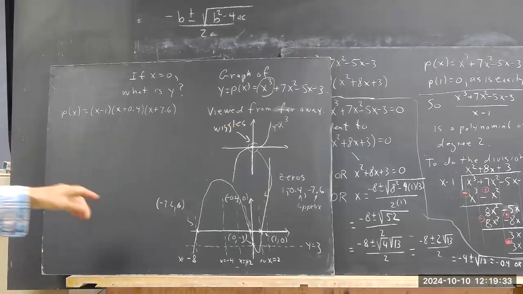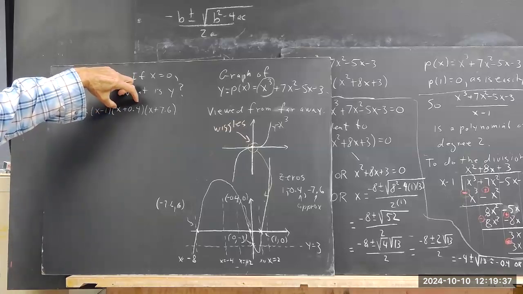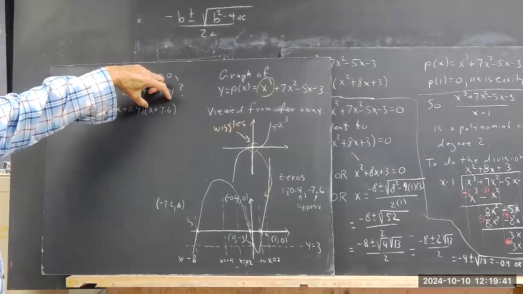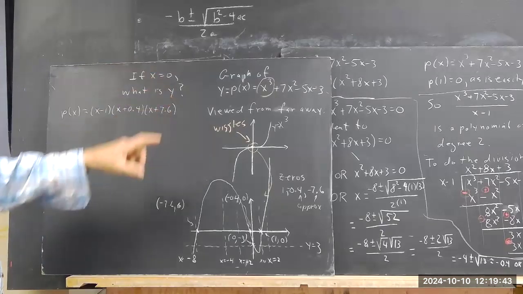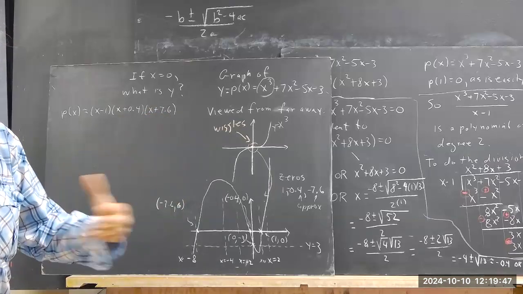Why? Because it has a zero at x equals -0.4. Okay, this would give you a zero at -0.4. This would give you zero at -7.6. Now remember, those things are approximations. Could be off by even a tenth.